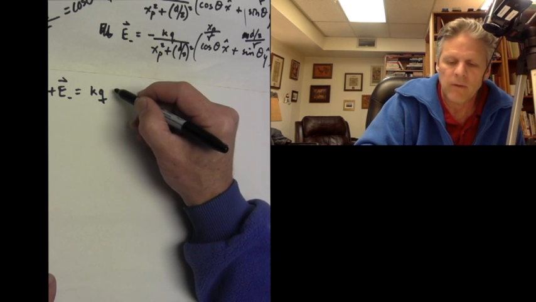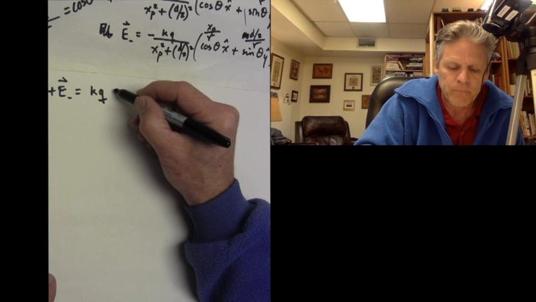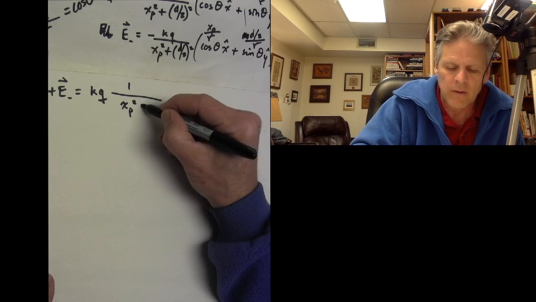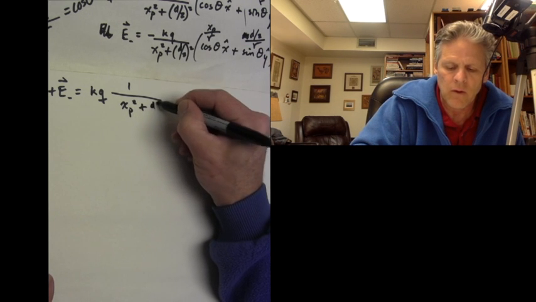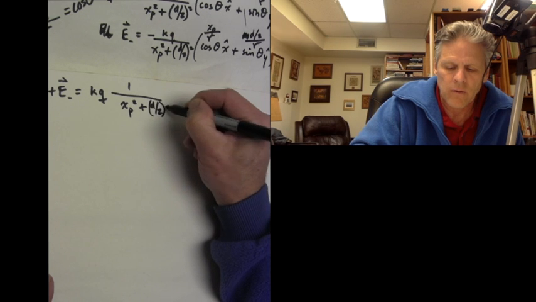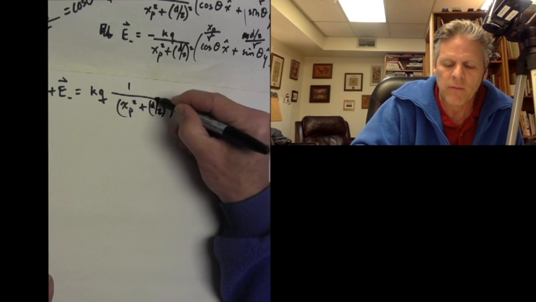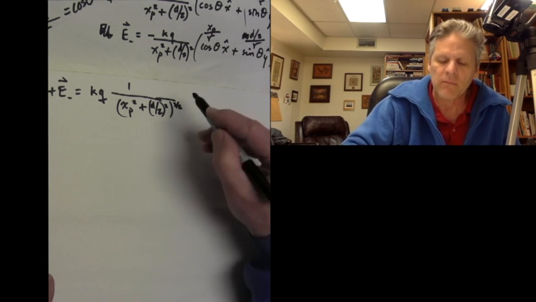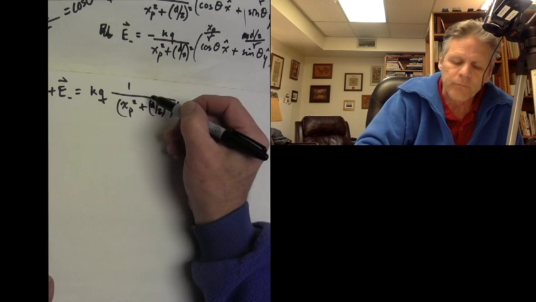Yeah, we need to keep this in here. Over 1 over x sub p squared plus d over 2 squared. And once again, here's our favorite friend, the 3 halves. Yes, that's right. To the 3 halves.